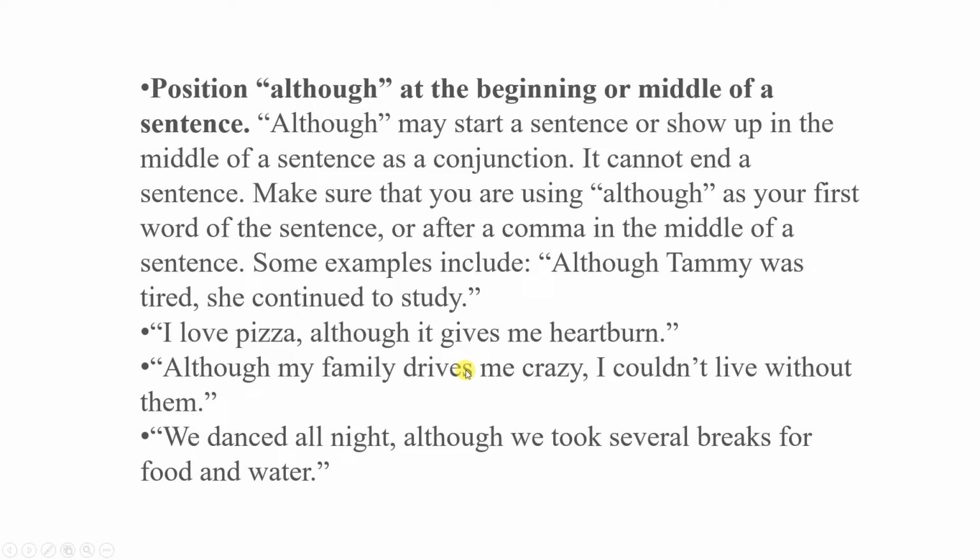Although my family drives me crazy, I couldn't live without them. We dance all night, although... that means after the first sentence is complete, after the comma although is used. Okay, the comma is separating two different parts of the sentence.